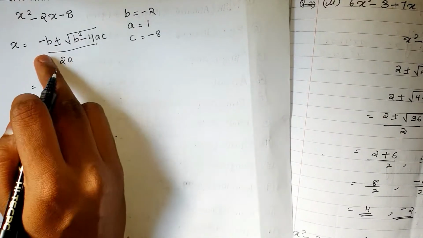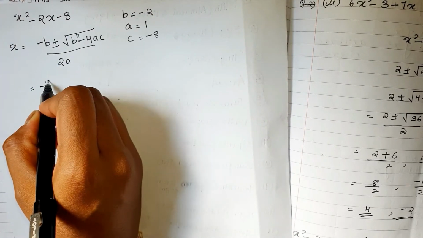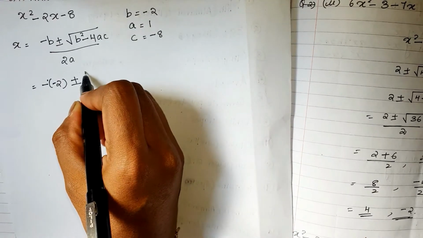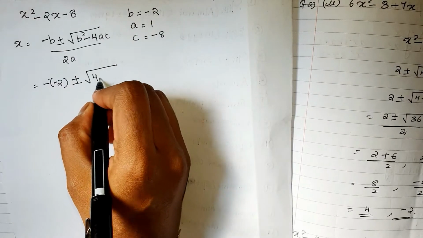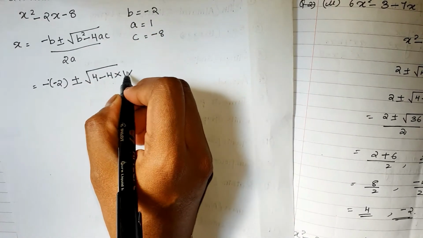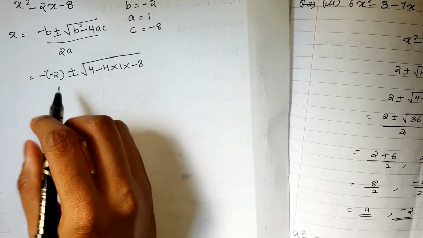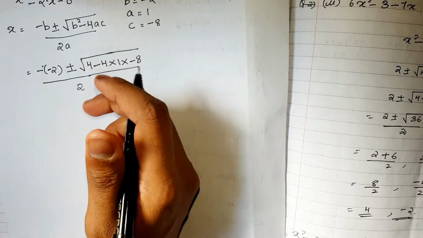So we can substitute the values. Minus of minus 2, that is plus 2, plus or minus root of b square, that means minus 2 square, that is 4, minus 4 into a which is 1, into c which is minus 8, the whole divided by 2a, a is 1.